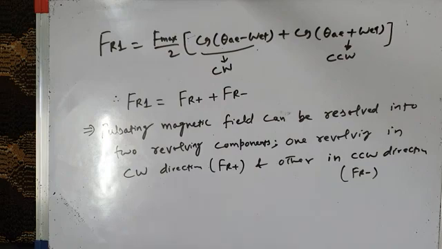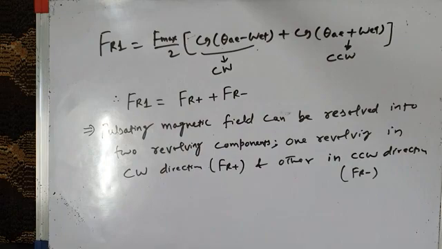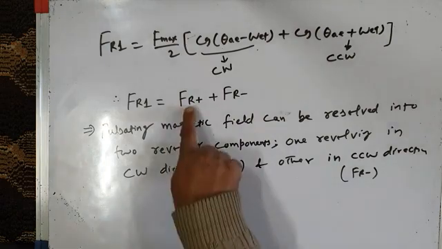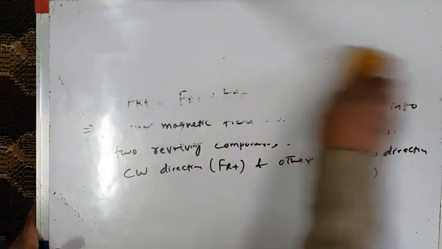The single phase sinusoidal current flowing in the winding is responsible for producing the pulsating magnetic field, and that pulsating magnetic field can be resolved into two revolving components, one revolving in clockwise direction, Fr plus, and another revolving in counterclockwise direction, that is Fr minus. So that is about the pulsating magnetic field produced by the single phase winding in a single phase induction motor.